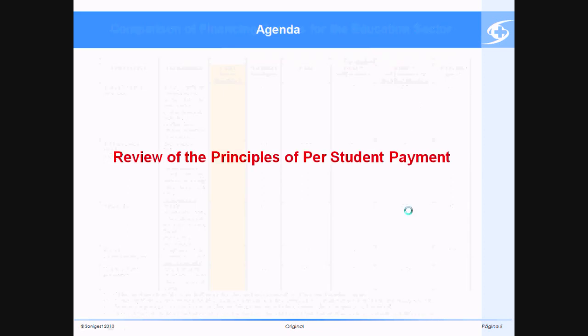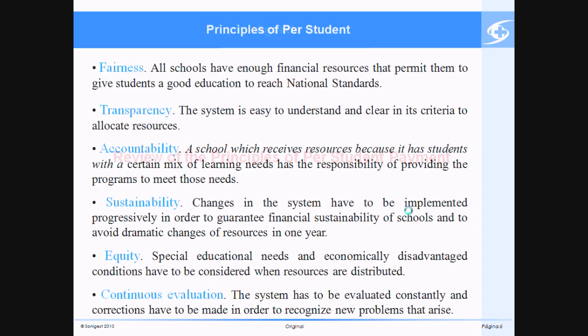What are the principles of the per-student model? First, we want to ensure equity or fairness for all. We want to ensure that every student gets a fair share of public resources in order to achieve success. Secondly, we want a system that is transparent, easy to understand, clear in its criteria for the allocation of resources.